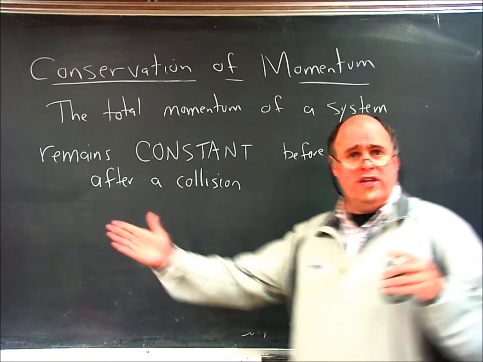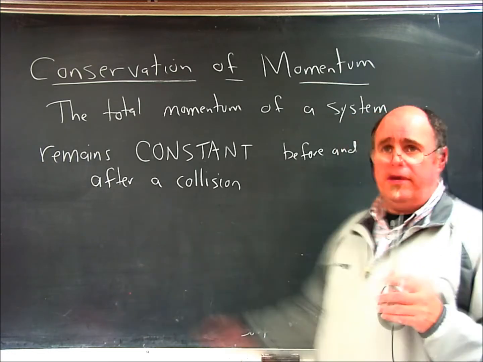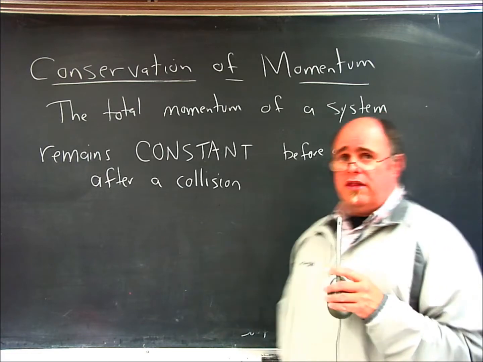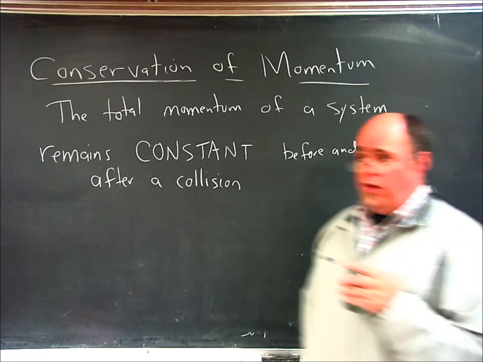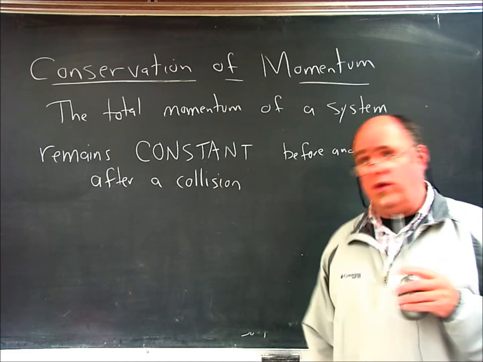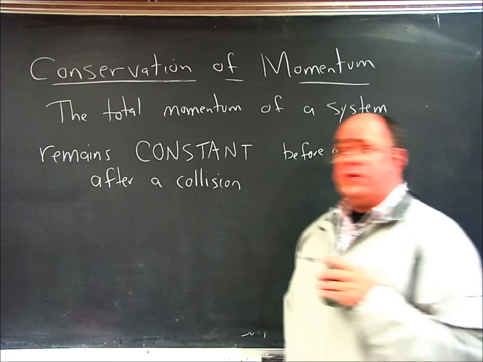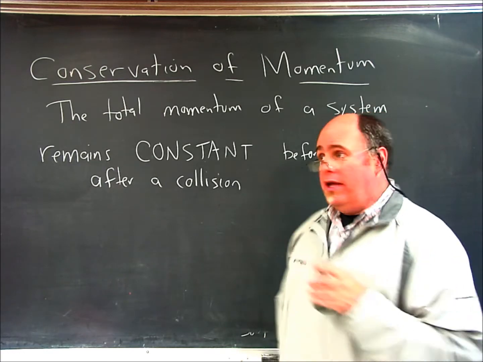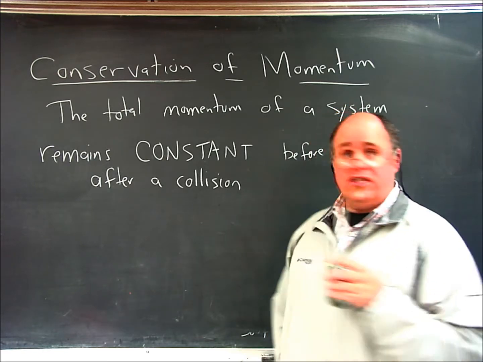A collision is when two things come together and collide. It may also be the opposite of a collision: possibly you have two things stuck together and they separate, like a cannonball being fired out of a cannon, or a bullet being fired out of a gun, or someone standing on a rowboat or a canoe who decides to jump off.